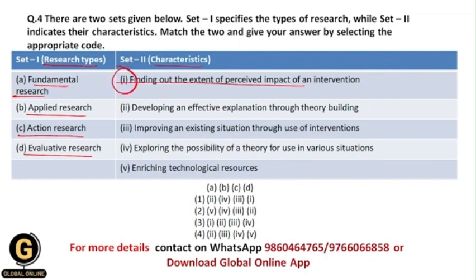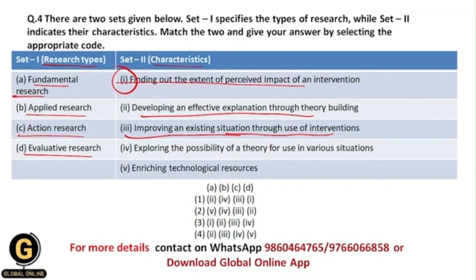Okay, developing an effective explanation through theory building. So here you are going to develop a theory, and whenever you are developing the theory, through this process you are going to provide an effective explanation of your research results. Okay, improving an existing situation through use of interventions. So here whatever existing situation is in front of you, you are going to improve that existing situation through the use of different actions, and those actions are nothing but the interventions.